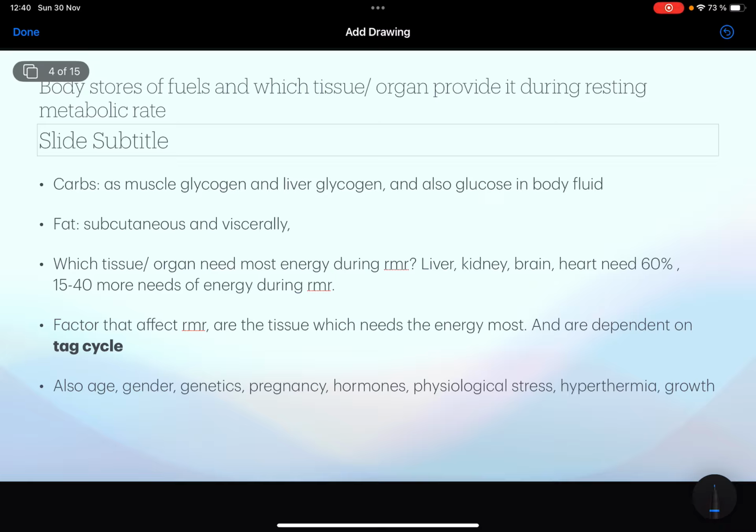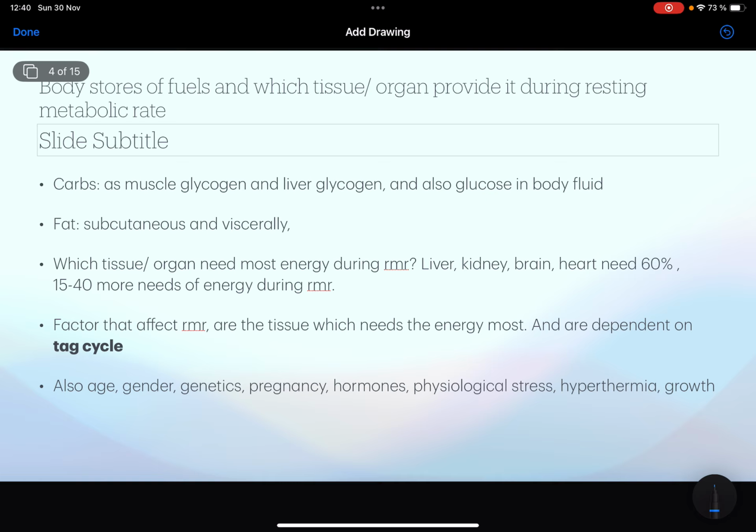And these organs, I think, need 15 to 40 times more equivalent energy than muscle does. So the muscle doesn't need as much energy from the total energy expenditure.